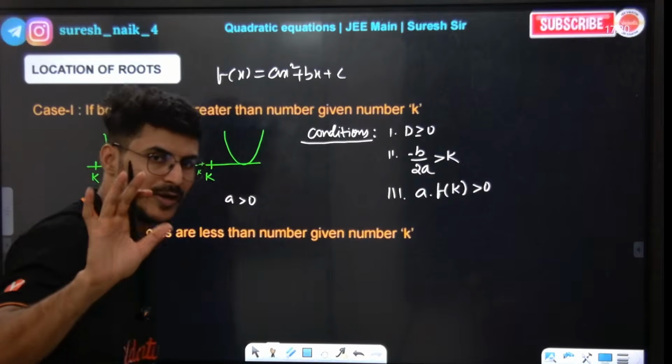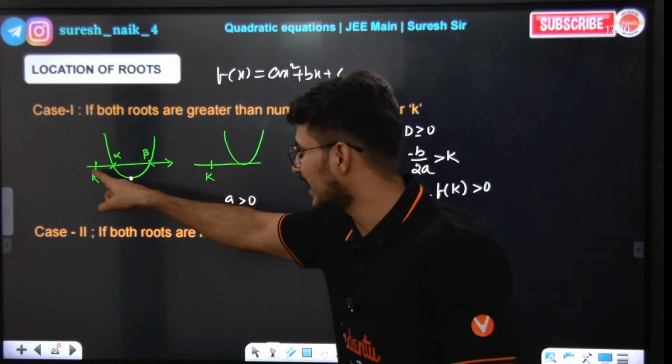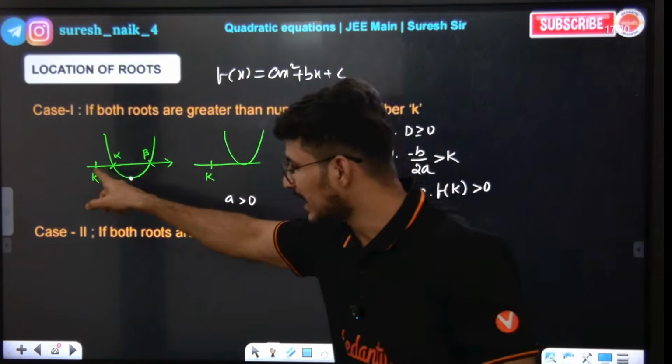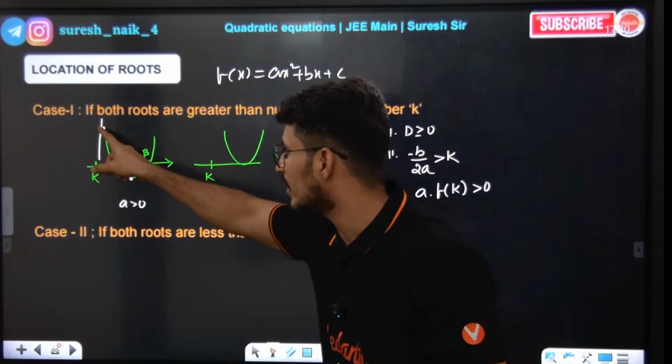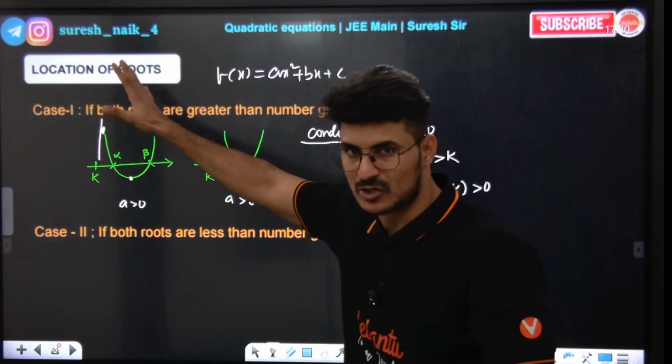This quadratic will be given in the question. Now f of k should give a positive answer, since it lies above the x-axis.